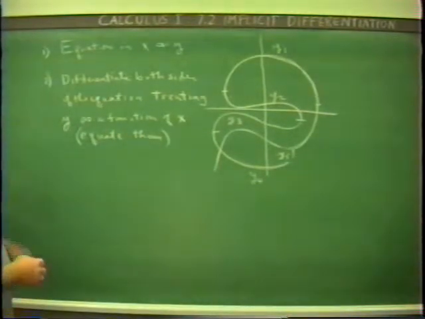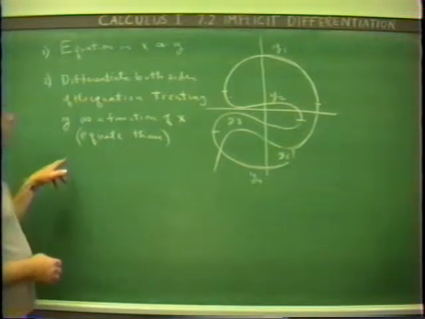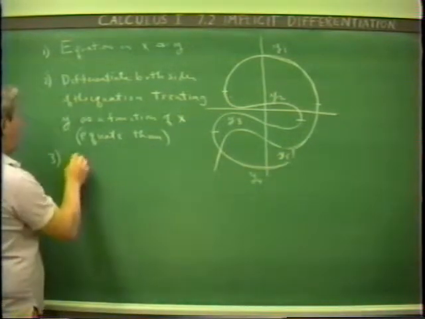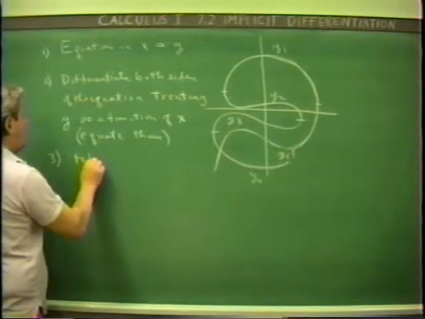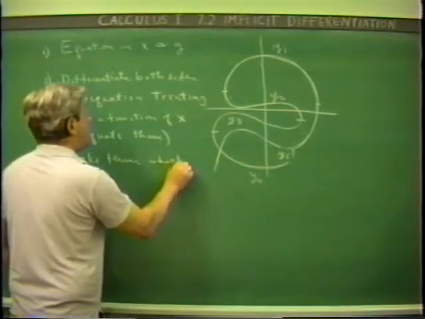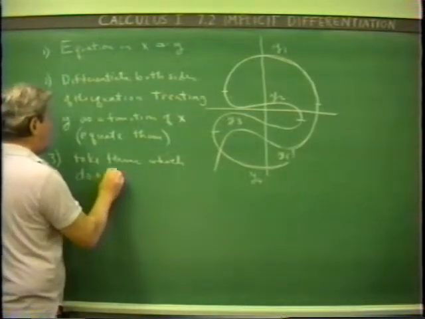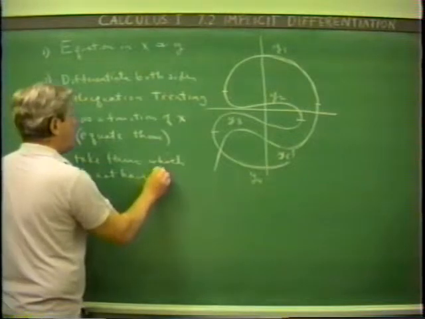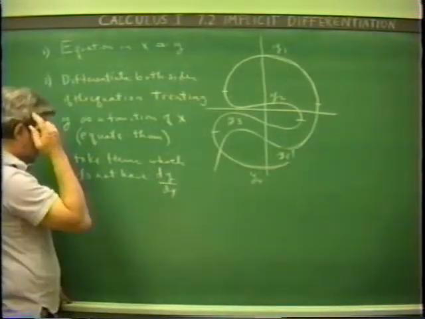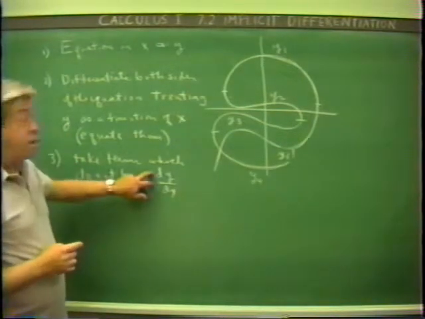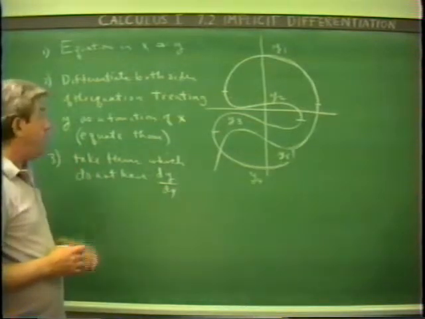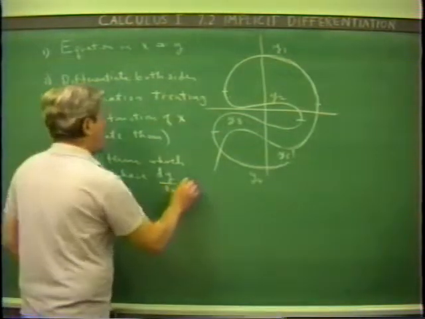Then the next thing to do is to take all of the terms which do not have dy/dx in them, and it's a good idea to use dy/dx, for example, in your symbolism here, or something at least that distinguishes this from y, because y is going to occur in the resulting equation.